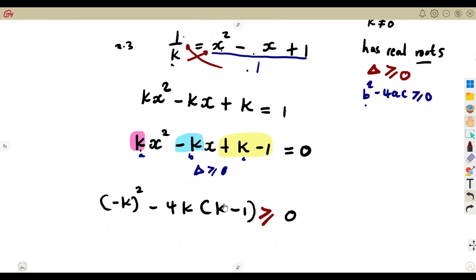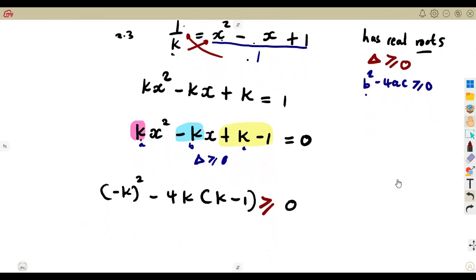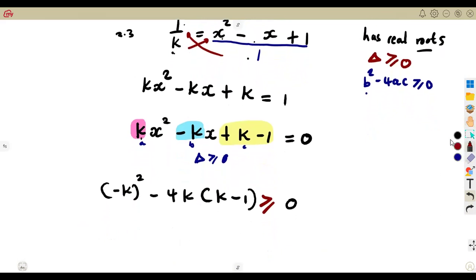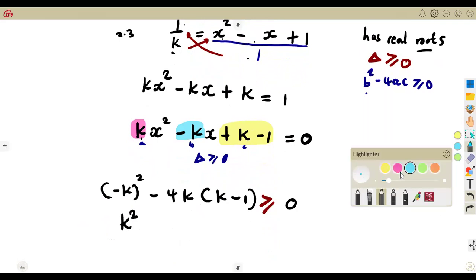And solving this inequality, let us expand. This is going to be minus k squared. That will be positive k squared. Remember, a negative raised to the exponent of 2 is going to be positive. And this is minus k, expanding the other bracket, this one.